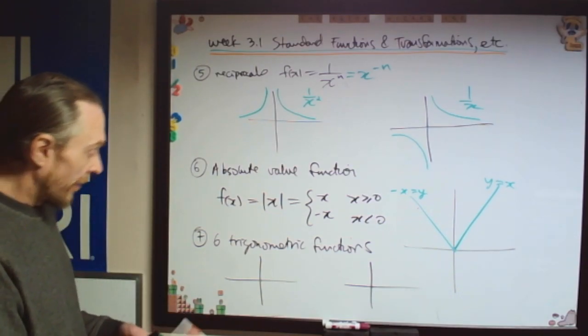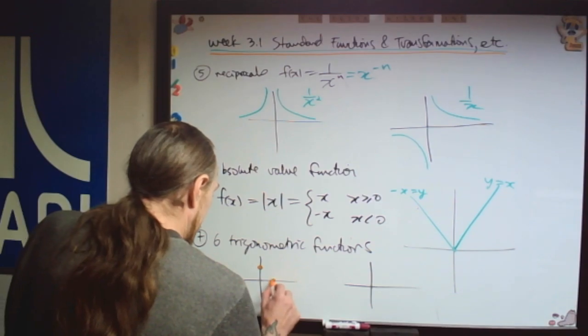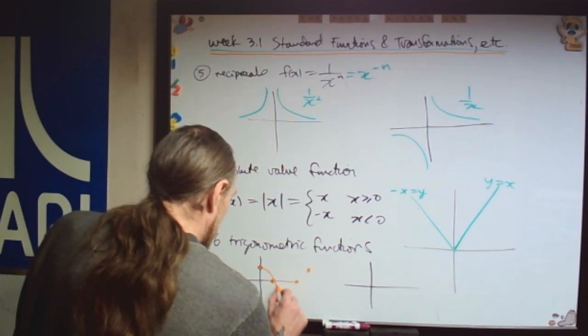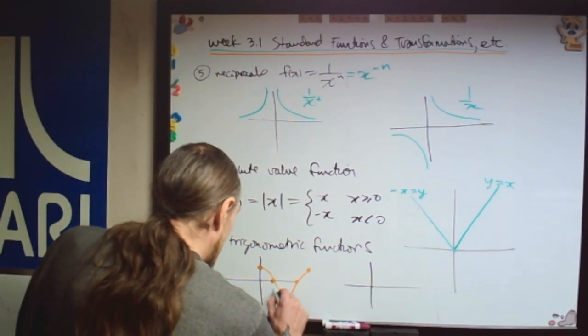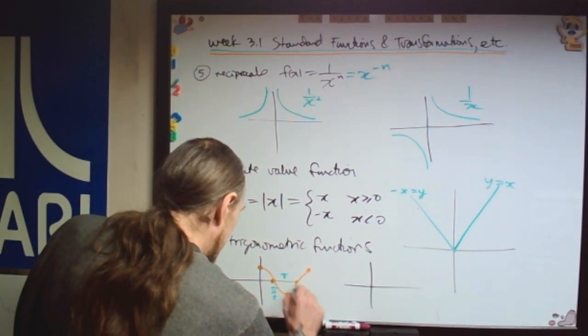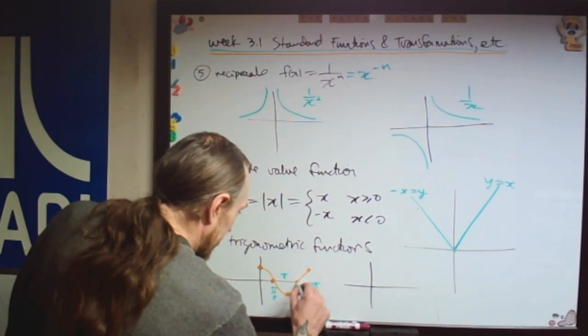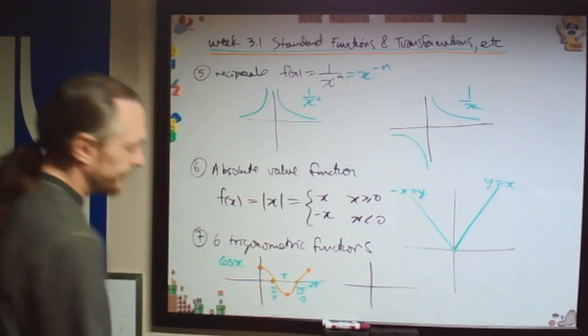But for now, cos of 0 is 1. Then at pi over 2 we get 0, then negative 1, then 0, then 1. So cos will look like this in its period of 2 pi, going from 0, pi over 2, pi, 3 pi over 2, and then 2 pi is where it hits 1 again. This is cos x.